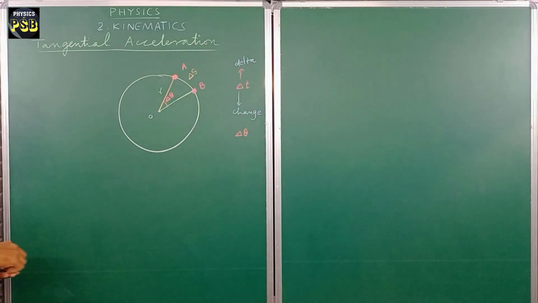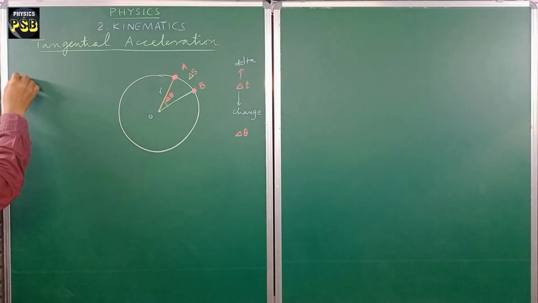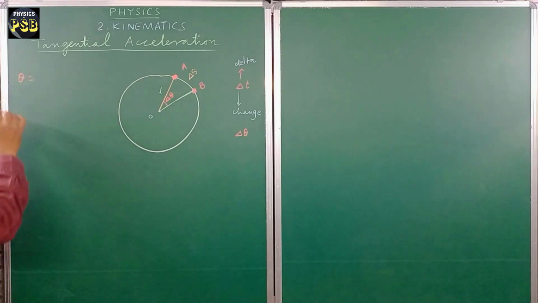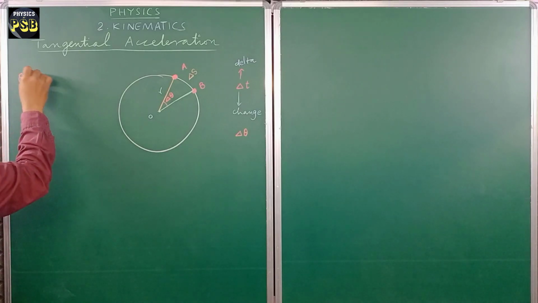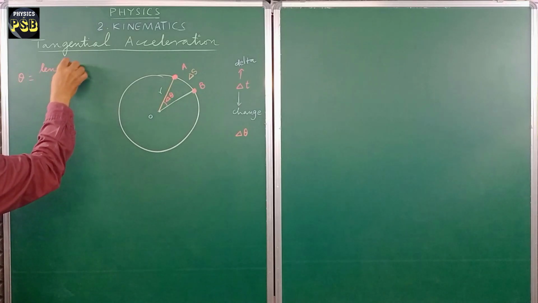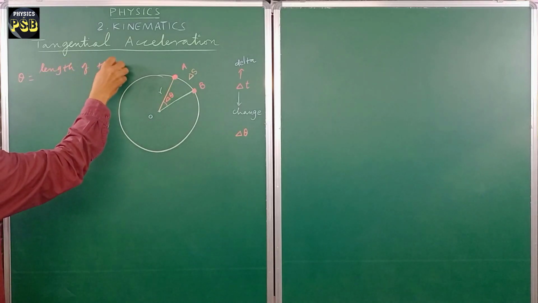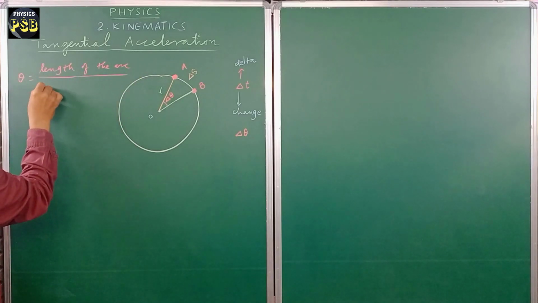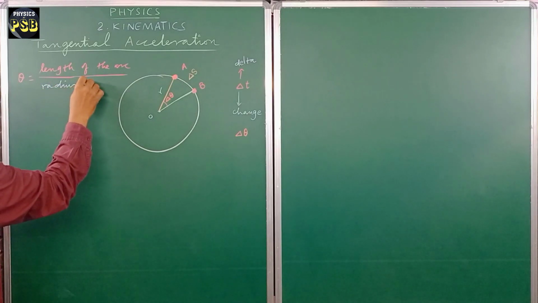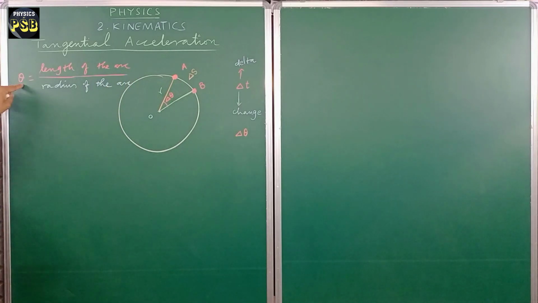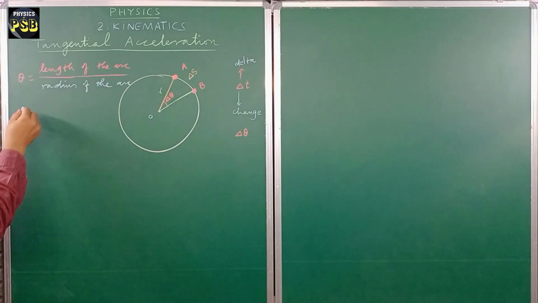Now we know angle theta, which represents angular displacement, is related with the length of the arc divided by the radius of the arc. This we have learned earlier.